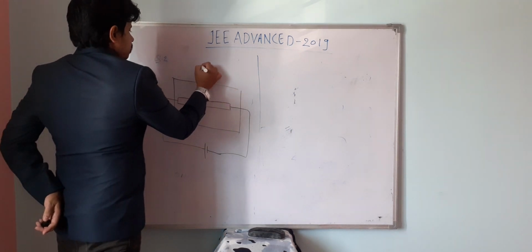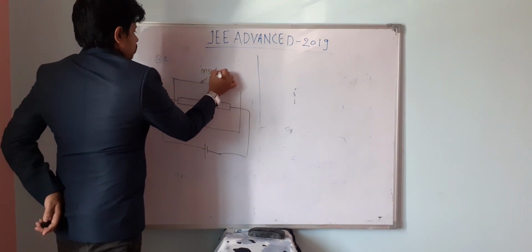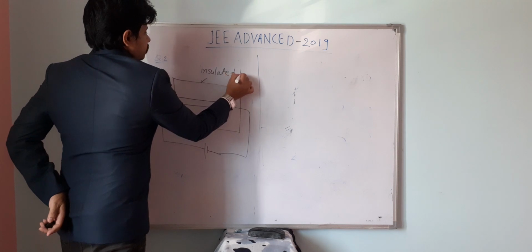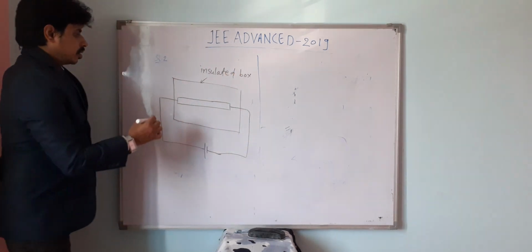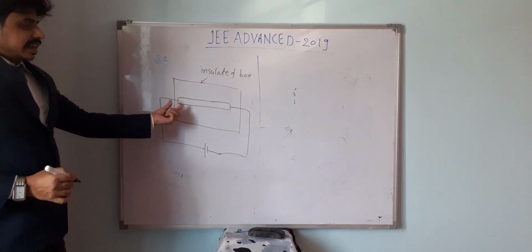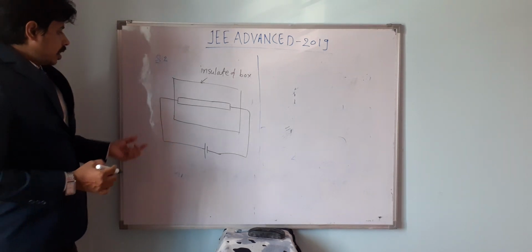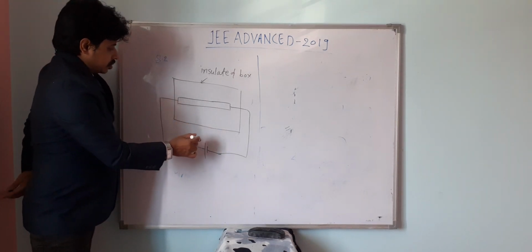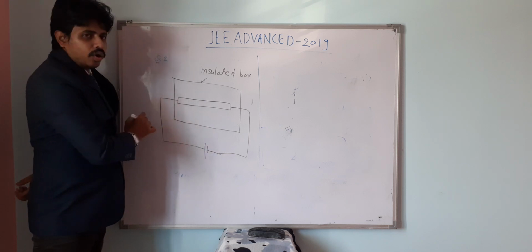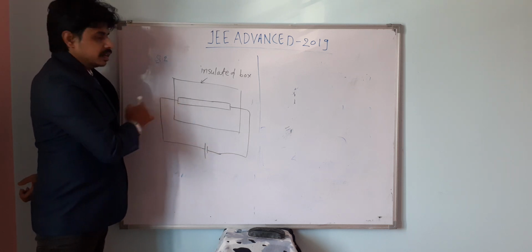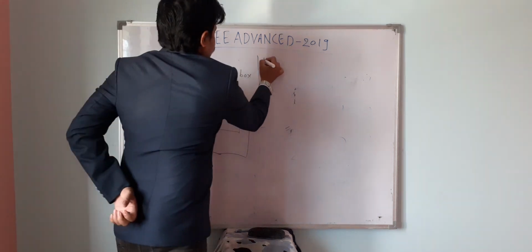This insulated box is connected with a rod. The wire is providing a constant power P to the rod.